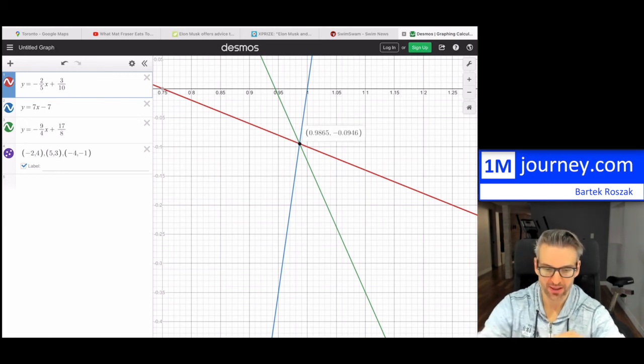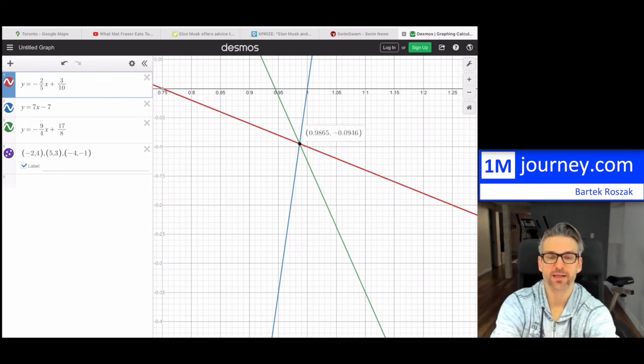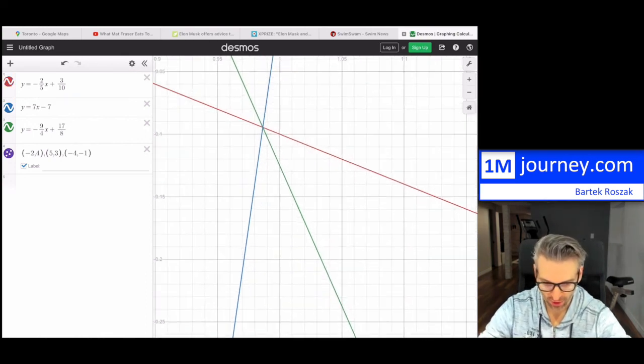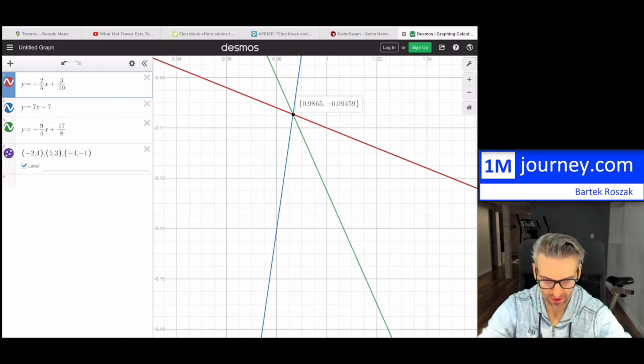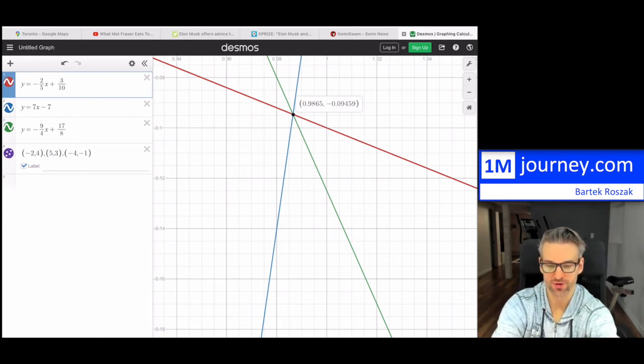So there we have it. It doesn't look like a very pretty circumcenter for us. You can blow up and make this even closer, as close as you want. I would suggest that you simply take two of the lines and find the circumcenter by elimination or substitution.